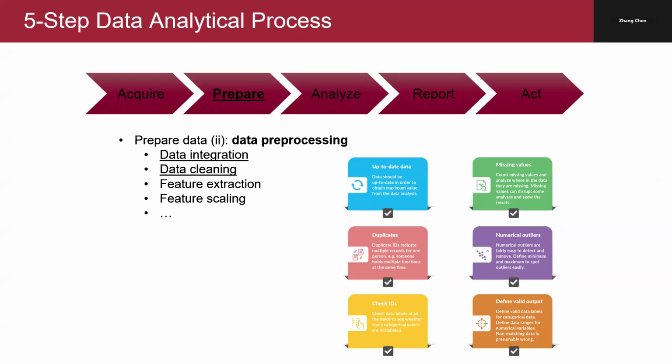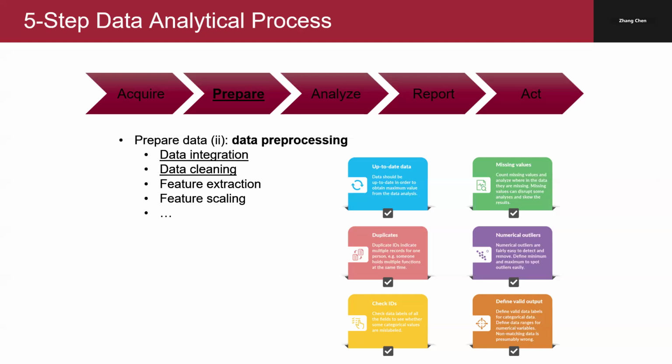Another key step is data cleaning. In real-world data sets, this problem is quite severe. We often see missing values, duplicate records, and outliers that do not look reasonable. Data cleaning is the process of checking those issues and deciding how to handle them. For example, we may remove duplicate entities: if we have two entries identifying the same object, we remove the duplicates.